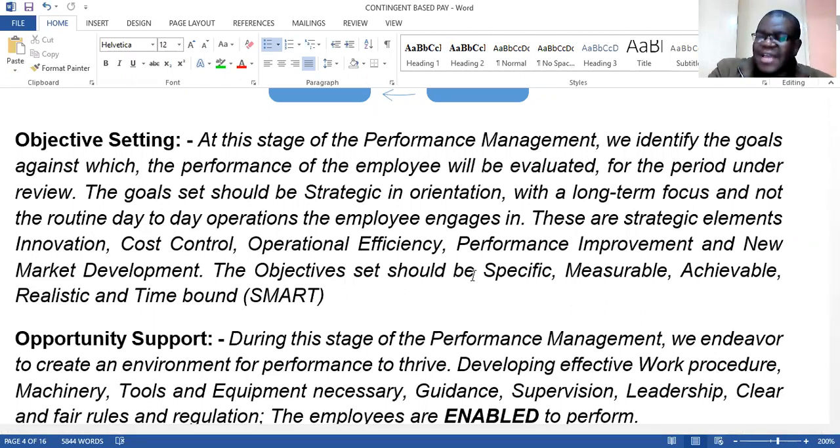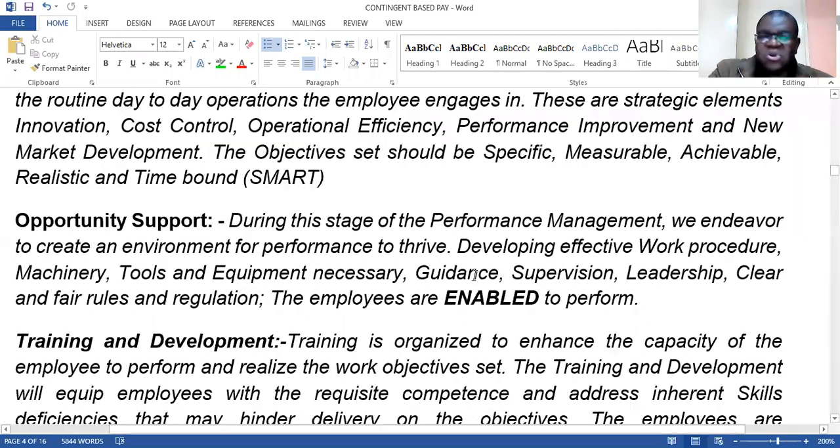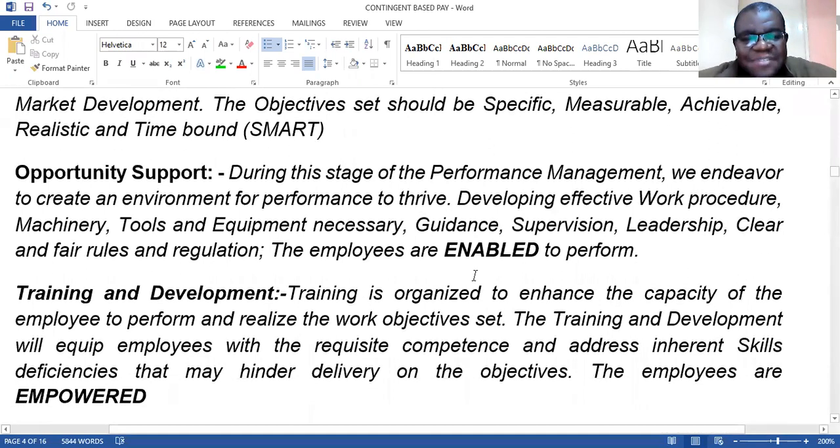We look at the extent to which they contribute to critical elements like innovation, cost control, operational efficiency. Objectives in these areas are what we'll be using to evaluate your performance. We talk about objectives being SMART.